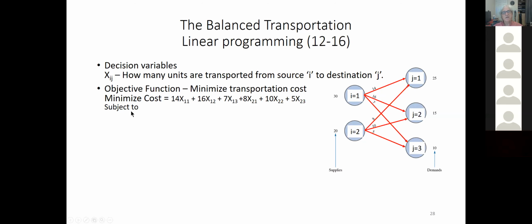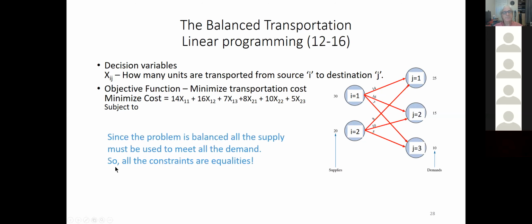And now, what are the constraints? Notice that because the problem is balanced, you cannot give up on any units on the supply side, because if you don't ship, for example, 30 units from here, one of those here will have a shortage, because it's 50 by 50.